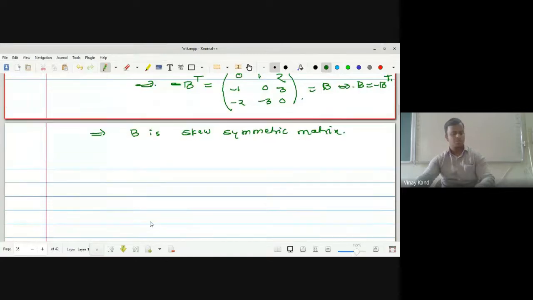Some properties are there, notes or remarks. What are the notes?